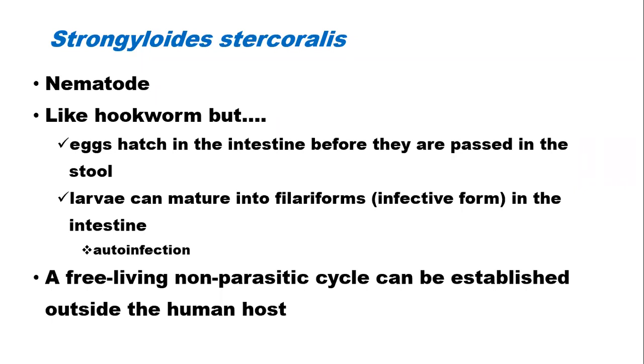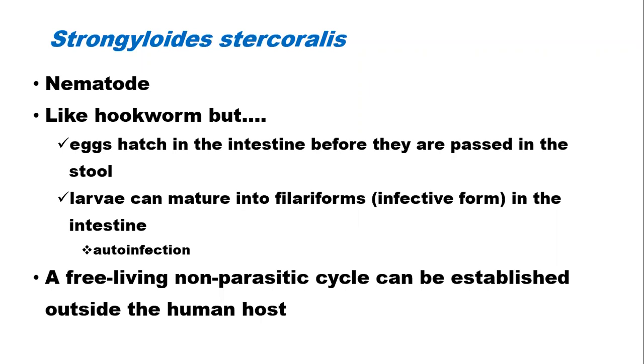However, unlike hookworm, the eggs of this particular agent hatch in the intestine, so they are never passed out in the stool. So we don't get to see the eggs of Strongyloides stercoralis in stool samples of infected patients.